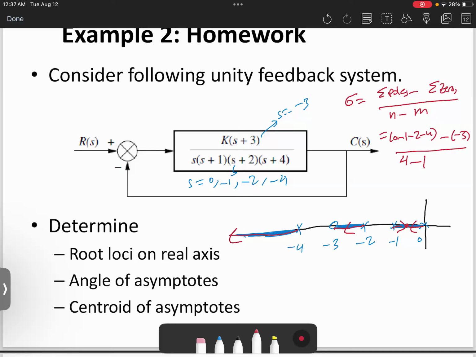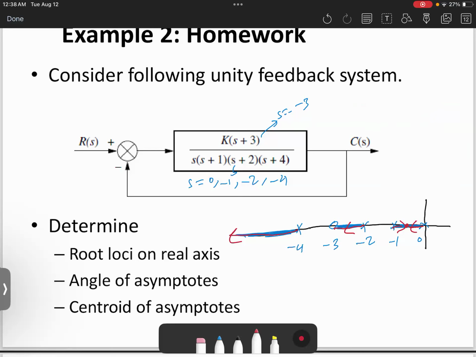Then we have 0 minus 1 minus 2 minus 4, which is -7, and -7 plus 3 is -4. Then -4 divided by 4 minus 1, which is 3, gives -1.333.